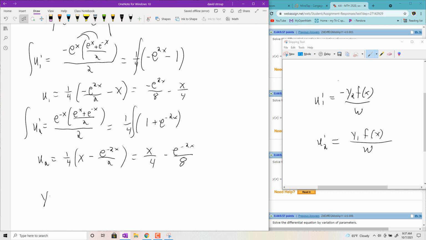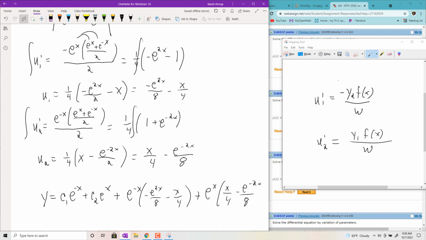So our final solution: y is equal to the complementary part, c1 e to the negative x plus c2 e to the positive x, plus y1 times u1. So we have e to the negative x times negative e to the 2x over 8 minus x over 4, plus y2 times u2. y2 is e to the x, u2 is x over 4 minus e to the negative 2x over 8.